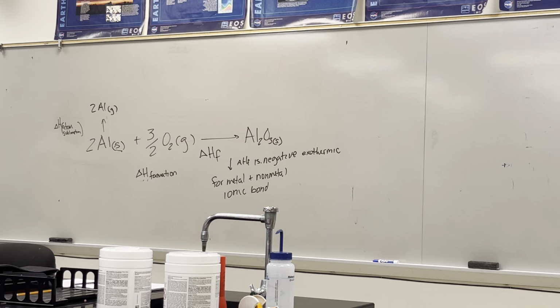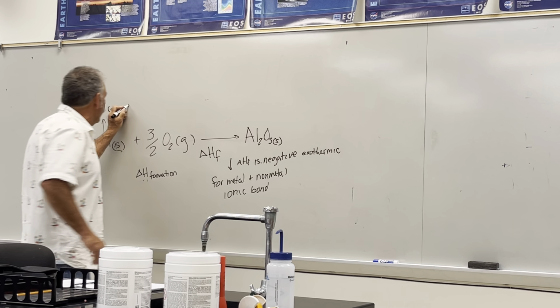And depending on the table where you get your heats of atomization or sublimation, because sublimation is going from a solid to a gas, anyway, we're atomizing this. So we would have a delta H of atomization, but it'd be for just one aluminum, right? We're doing two aluminums, so we have to do twice as much. So 2 times delta H of atomization.